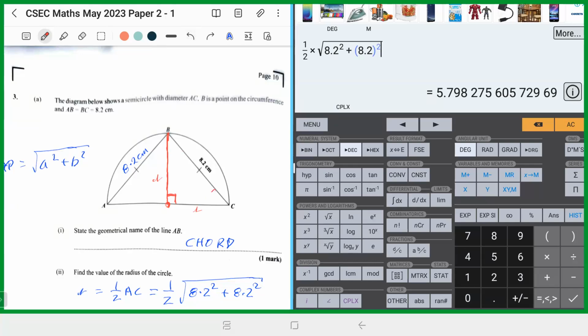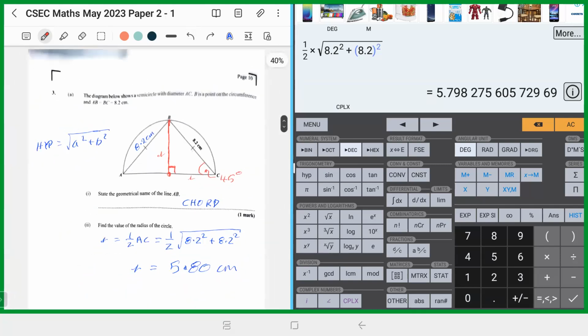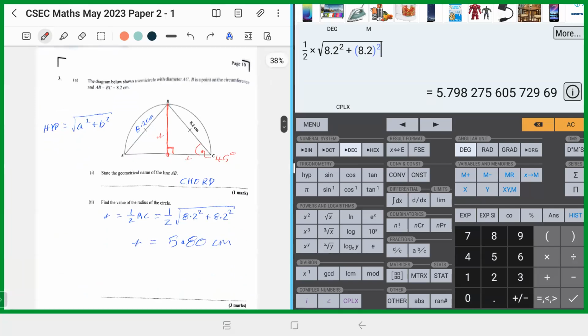Let's use another method just to double check it. So this will be 45 degrees. 45 degrees. And then we could say sine of 45 equals opposite over hypotenuse, where the opposite is radius. Or we could say cos of 45, it doesn't matter. So let's do it another way just to double check.